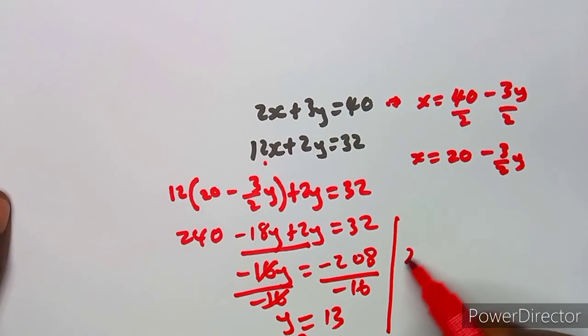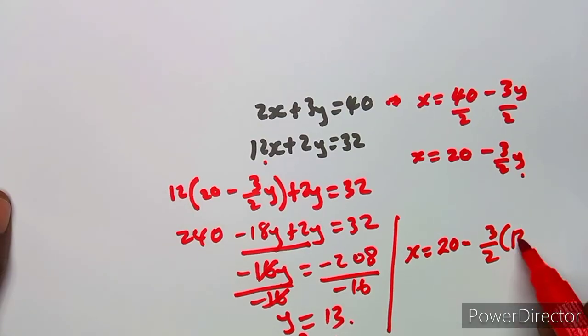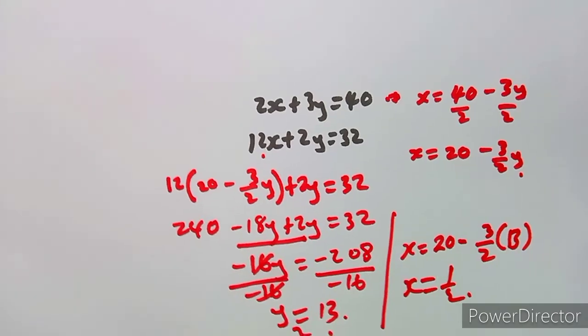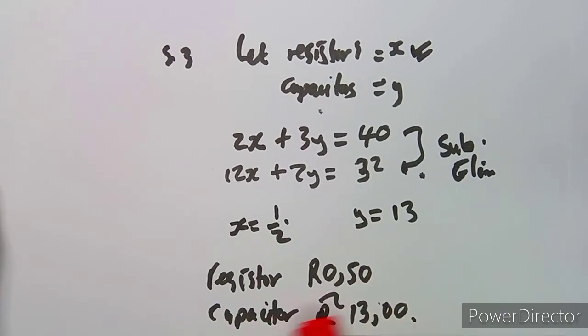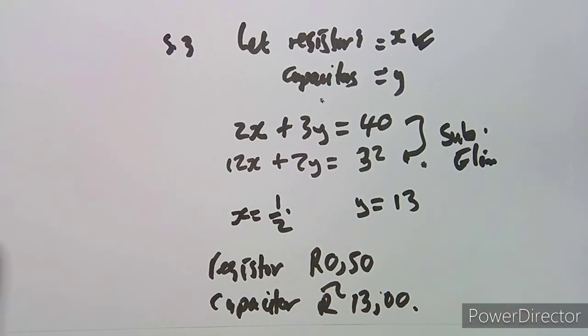Then your X is going to be 20 minus 3/2 times the Y that you obtained, which is 13. That's why you obtain your X as a half. After that, you have to write the amounts as the final answer.